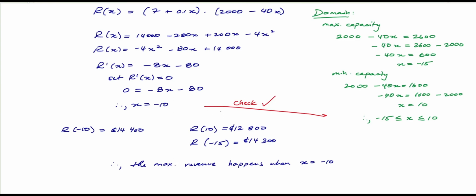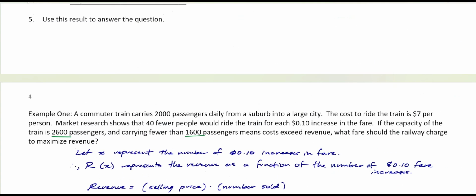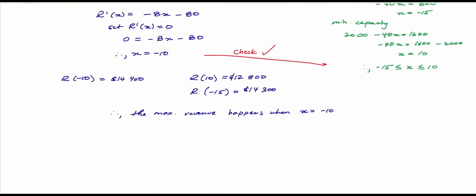So again, I'm not increasing the fare 10 times because there's a negative value there. I'm going to decrease it, right? So I'm decreasing the fare 10 times.